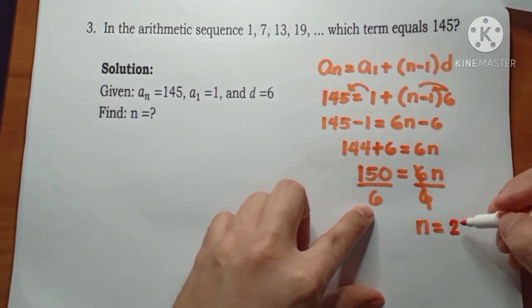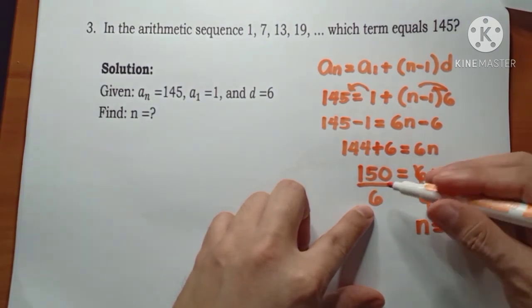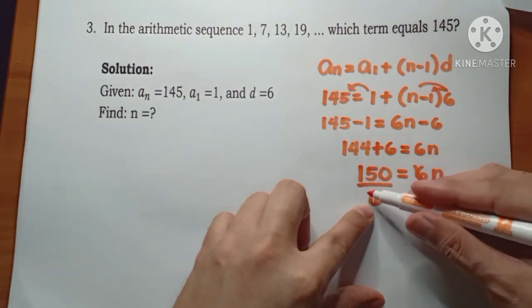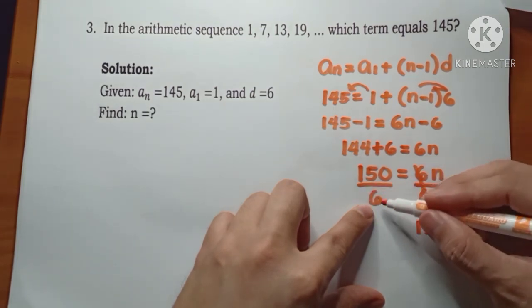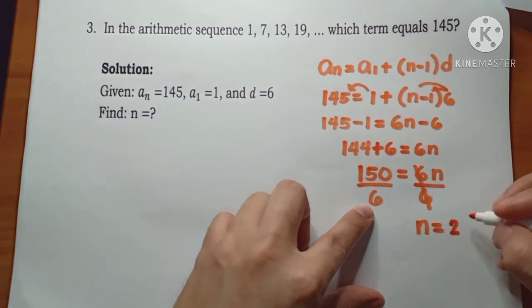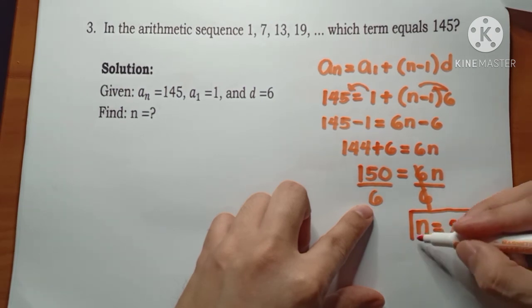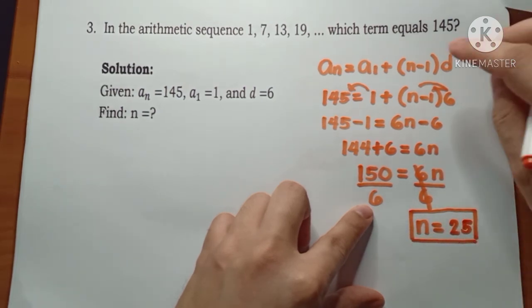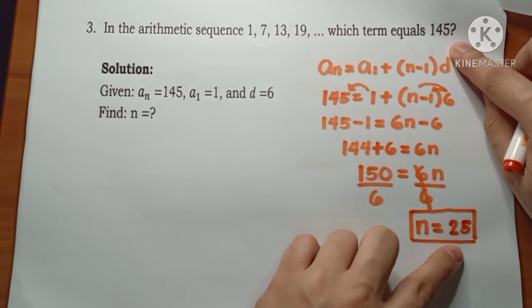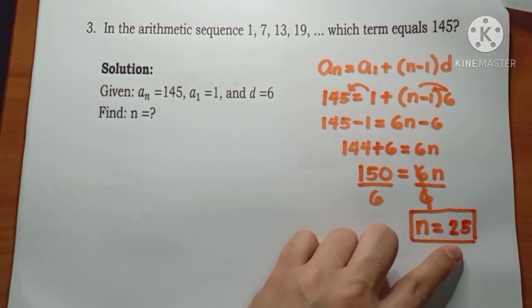And then 2 times 6 is 12. So that may 12 tayo dyan. So 30, bring down 30, divided by 6 is 5. So that is 25. So therefore, ang ating 145 ay pang 25th term. Okay.